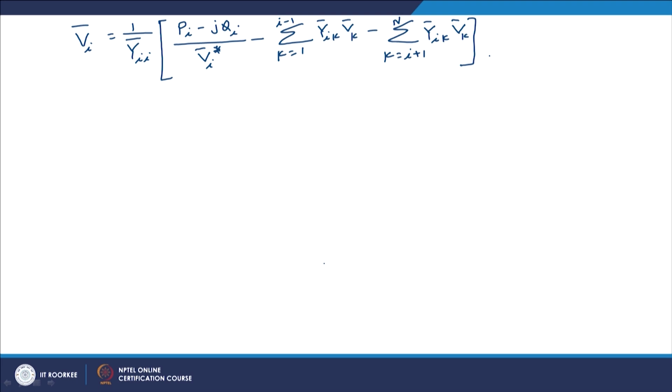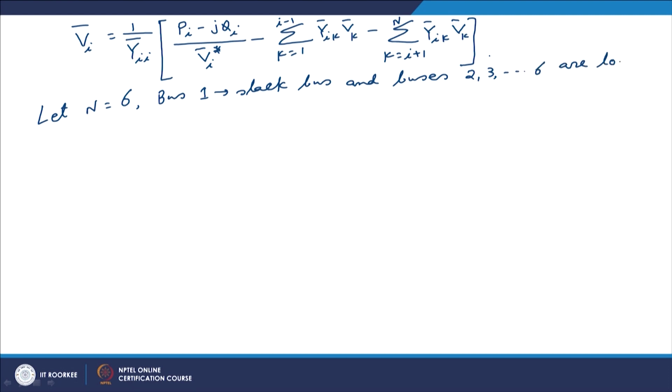Now, to illustrate this, let us take a very small example. Suppose n is equal to 6, bus 1 is the slack bus, and buses 2 to 6 are load buses. We are trying to write down the expression of V4.